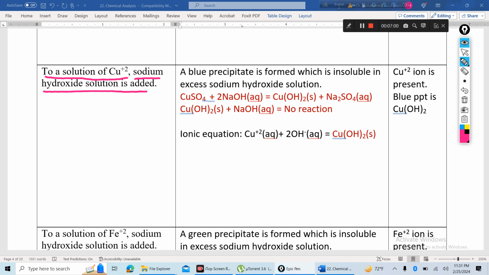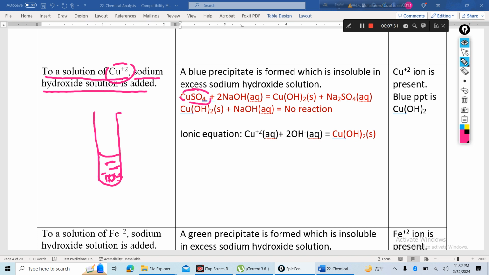At first you will take a test tube, then for Cu2+ ion you will take solid copper 2 sulfate. If you add water, it will dissolve and copper 2 sulfate solution will form. First you will take a small amount of copper 2 salt or compound, say copper 2 sulfate, copper 2 nitrate, copper 2 chloride.